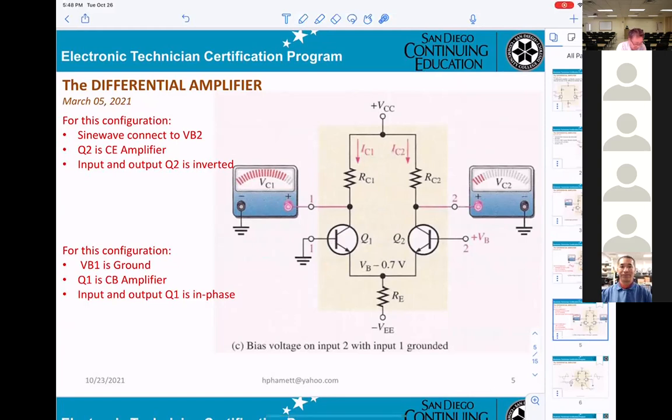And for Q1, VB1 will be grounded. Q1 now will be a CB amplifier. Input and output of Q1 will be in phase. Just refer to it.